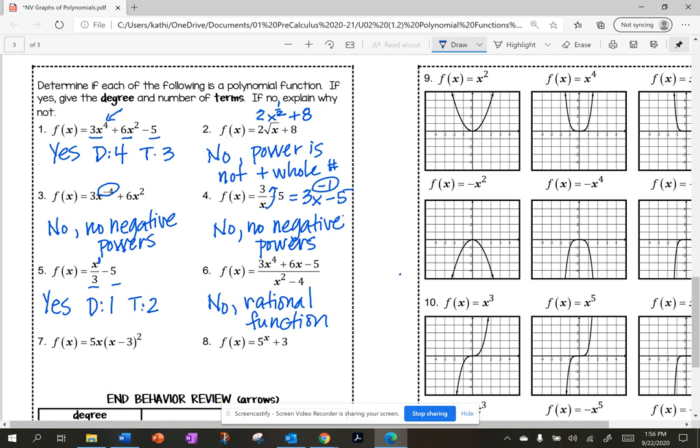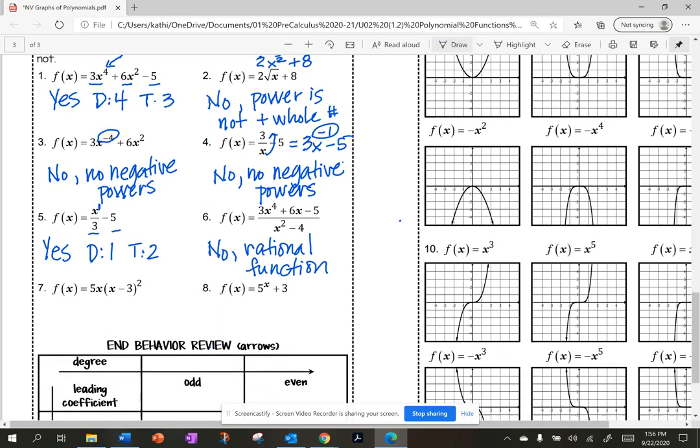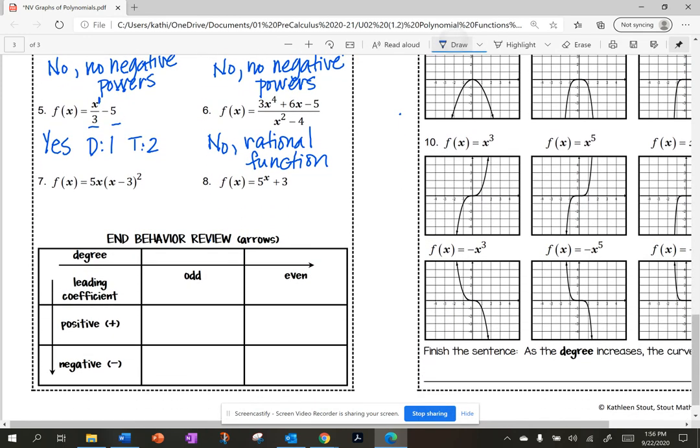All right, let's look at number 7. F of x equals 5x times the quantity x minus 3 squared. Okay, I'm going to expand this out. So this is really 5x times x minus 3 times x minus 3.